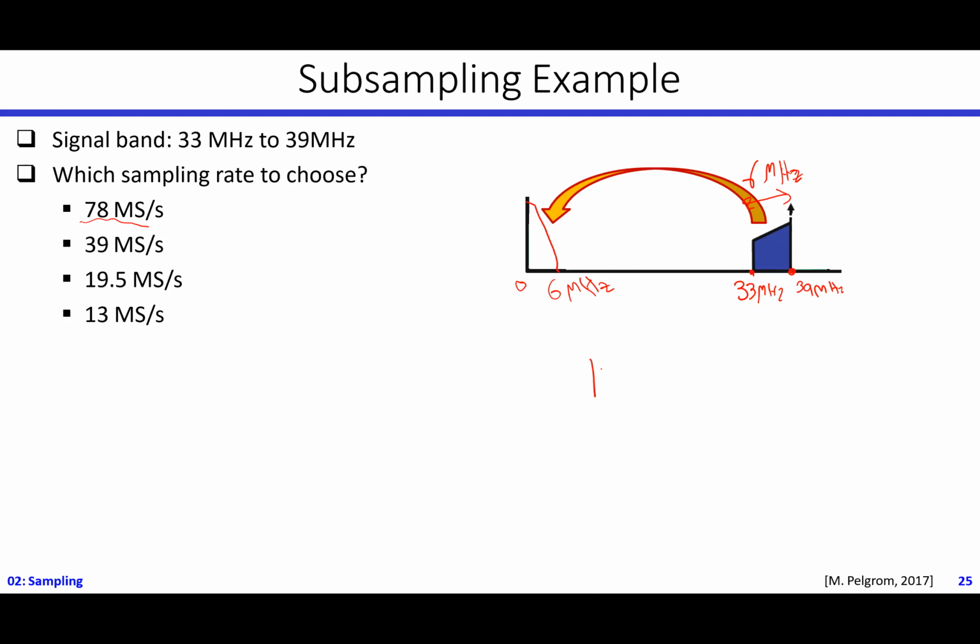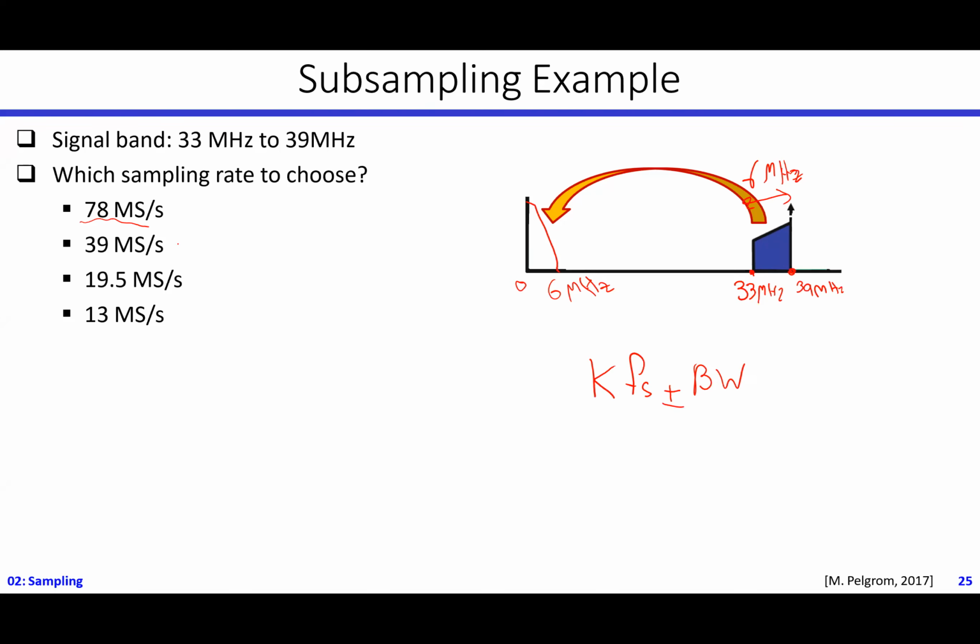It will appear basically at k fs plus or minus, I think, the bandwidth of it. I hope I am doing it correctly. Was it correct? I think so.